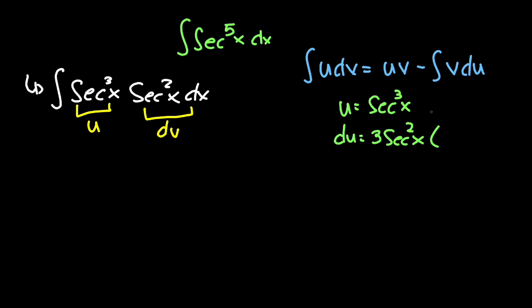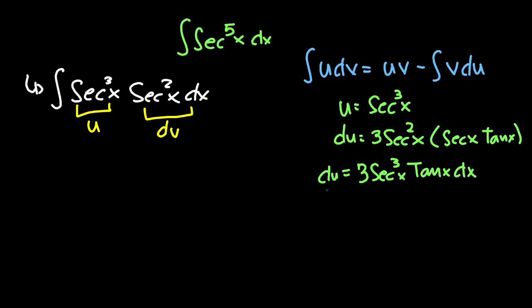The derivative of that would be secant of x tangent of x. And of course, don't forget the dx. Simplifying this, we would have the value of 3 secant cube because we have a secant of x there, and tangent of x dx. So this would be your final du value.